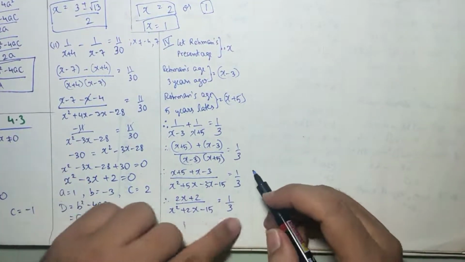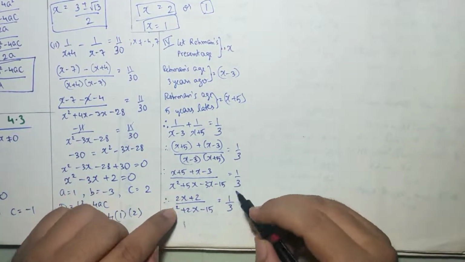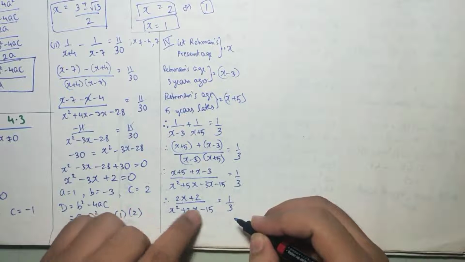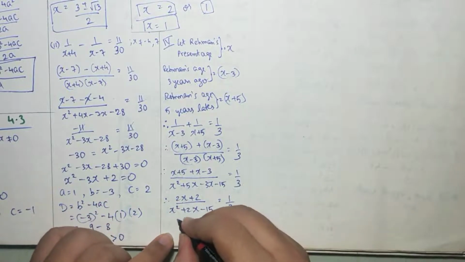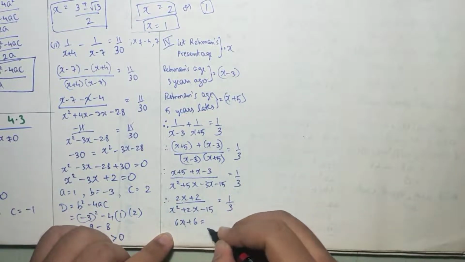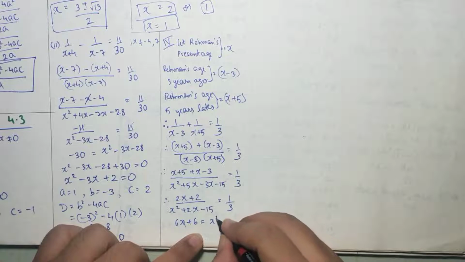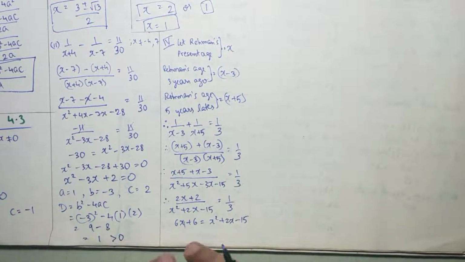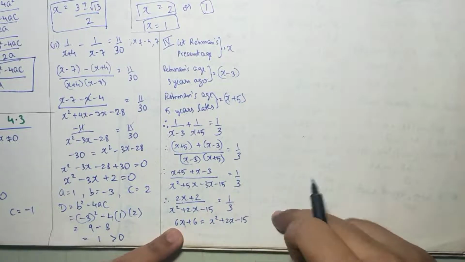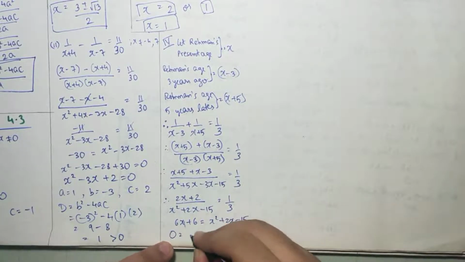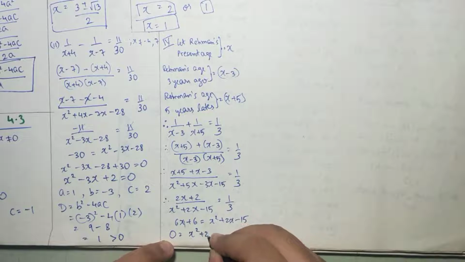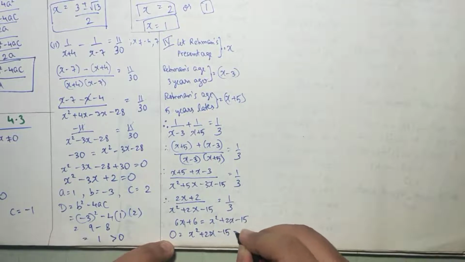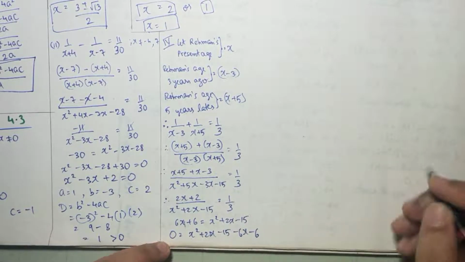This 3 will get multiplied over here and this will get multiplied over here. So this 3 will multiply with both the terms. It will be 6x plus 6 equals to x square plus 2x minus 15. I am taking these both terms on the right hand side. So 0 will be equals to x square plus 2x minus 15 minus 6x minus 6.